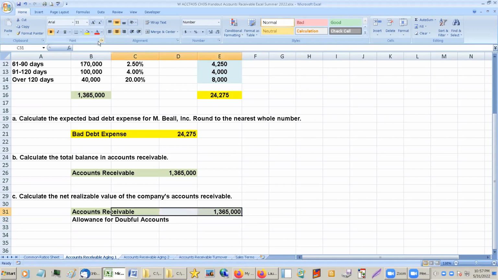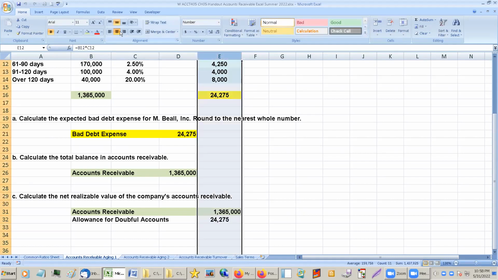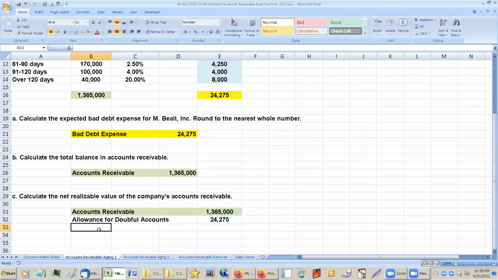Okay. And our allowance for doubtful accounts, in this case, is going to be the same as the bad debt expense. But the allowance for doubtful accounts will always have this amount that's there. And so this is what we show on the balance sheet.